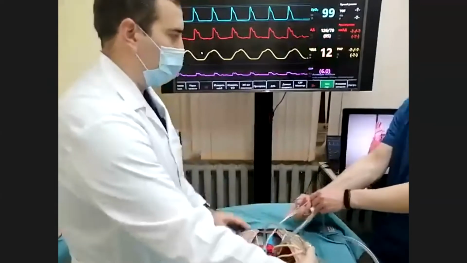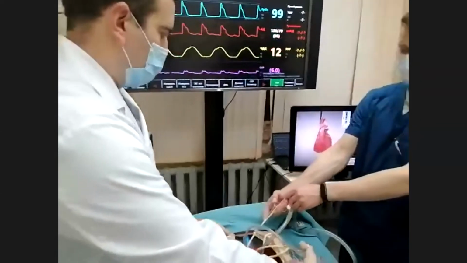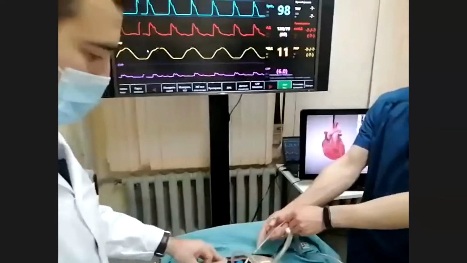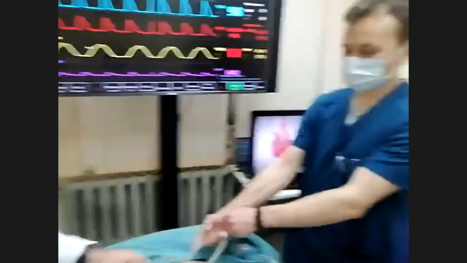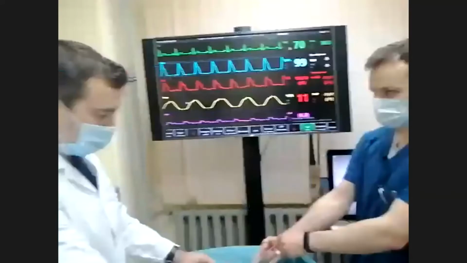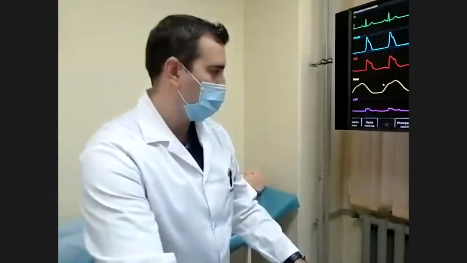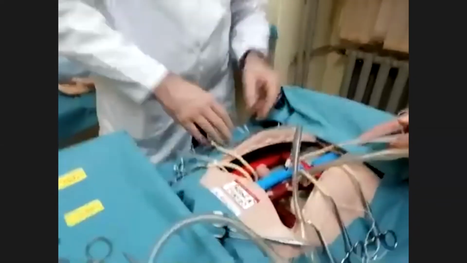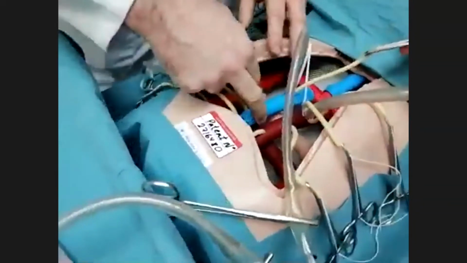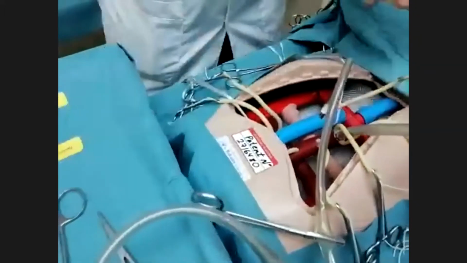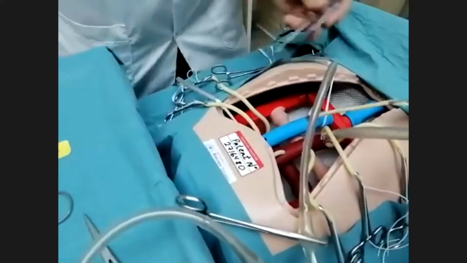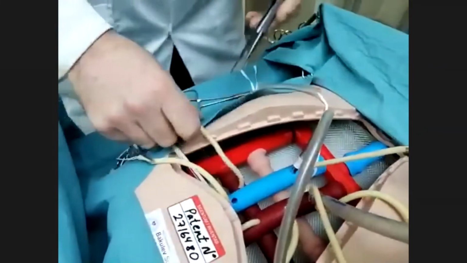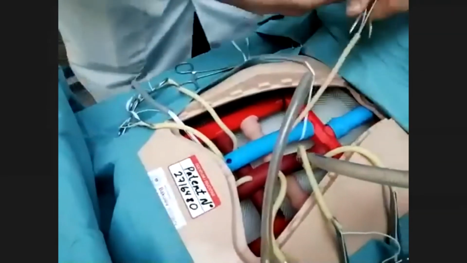I check the myocardial function by echo, and then I'm weaning from bypass. 40, like an airplane. 40, 30, 20, 10. Stop. Stop perfusion. Okay, stop perfusion. Then we check the bleeding, and if there is no bleeding in the operative field, then we decannulate.